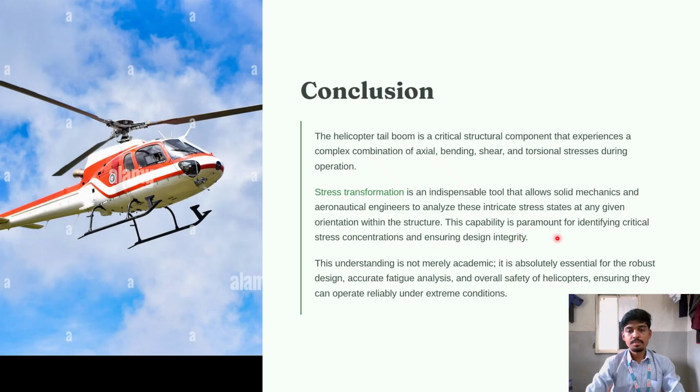This capability is paramount for identifying critical stress concentrations and ensuring design integrity. So, this understanding is not merely academic; it is absolutely essential for robust design, accurate fatigue analysis, and overall safety of helicopters, ensuring they can be operated reliably under any extreme conditions.